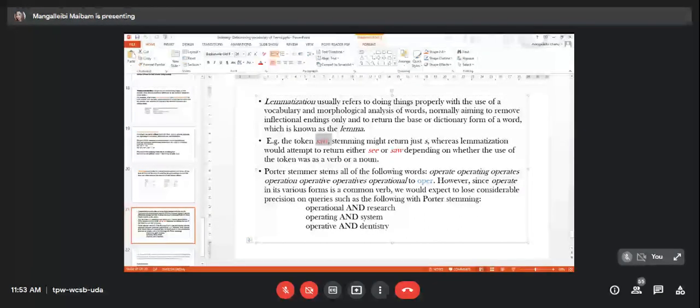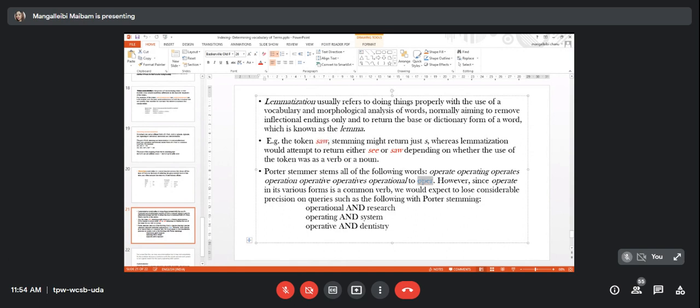However, since operate in its various forms is a common verb, we would expect to lose considerable precision on queries such as the following. So operate is the meaningful word. When you perform stemming, you have to check carefully that whatever word is normalized should be meaningful and should be common or should have its various forms.